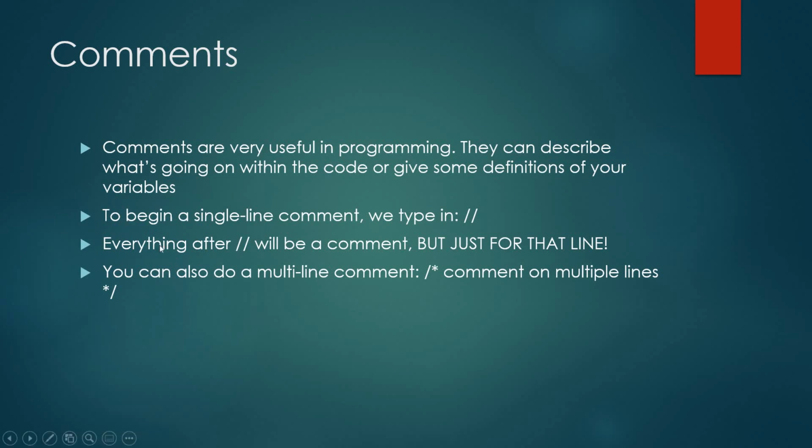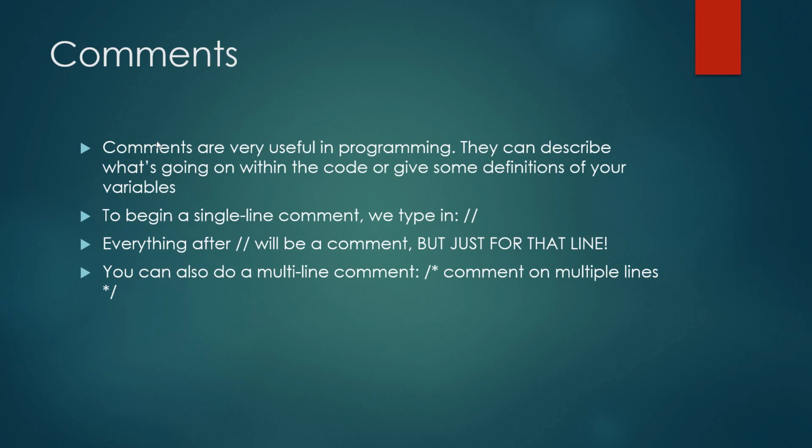So to begin a single line comment, we type in these two slashes right here, and then everything after those two slashes will be a comment, but just for that line only. You can also do a multi-line comment using this right here. So you have a slash and an asterisk, and then you can use comments for several lines.